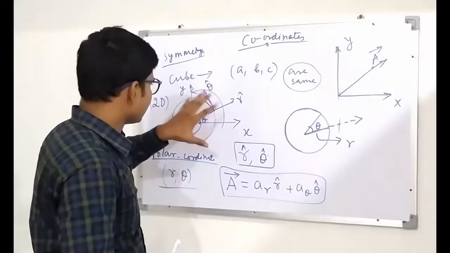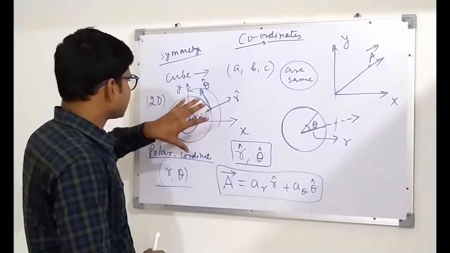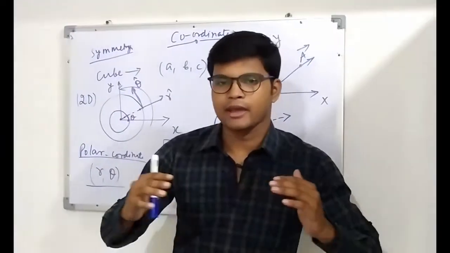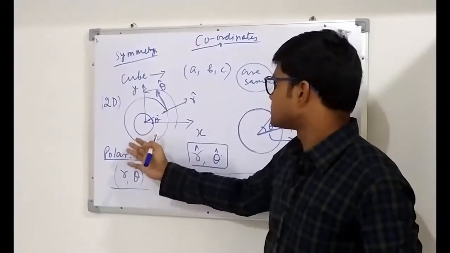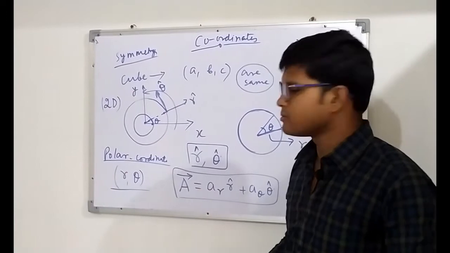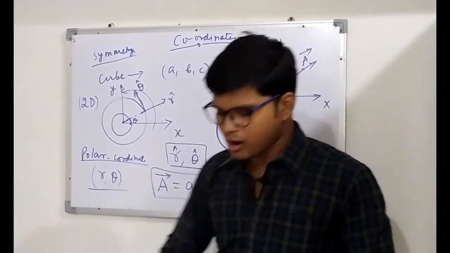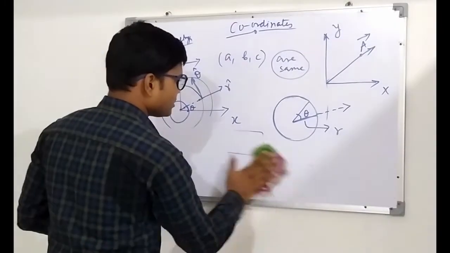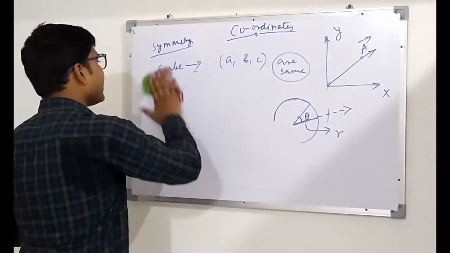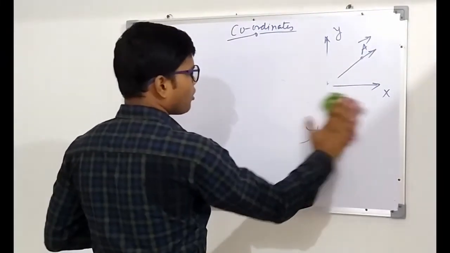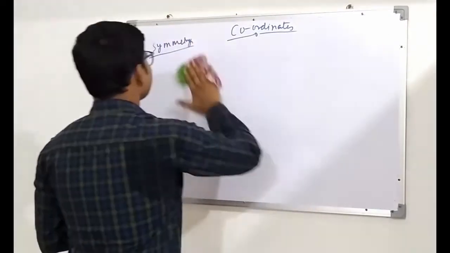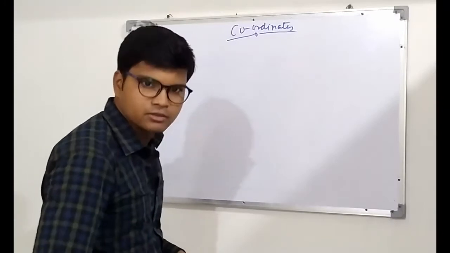We are studying xy, where we take this circular kind of symmetry, and we got this polar coordinate system, represented by r and theta. Let's move further: can we extend the concept of r and theta by introducing any other parameter?